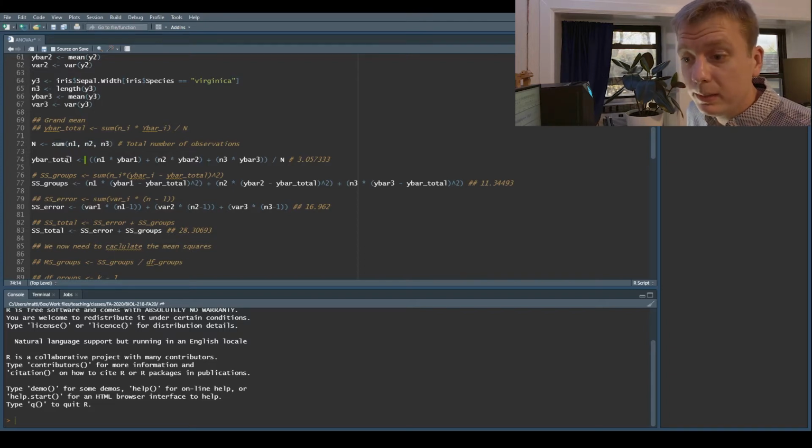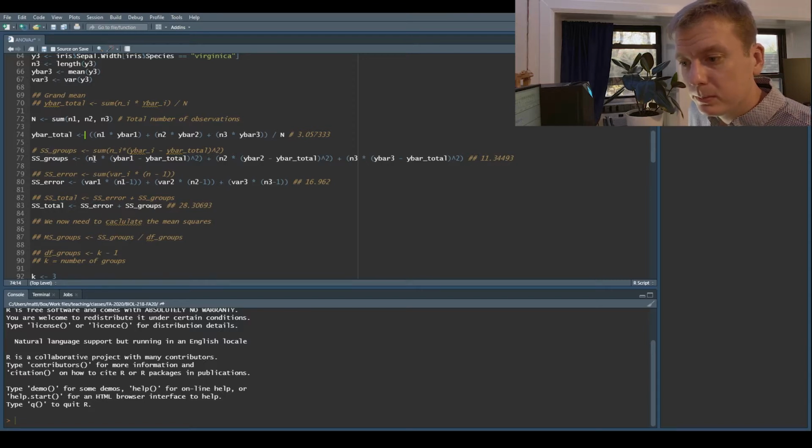And so y bar total, or the grand mean, is N1 times y bar 1 plus N2 times y bar 2 plus N3 times y bar 3 divided by N. And this gives us 3.057333, and that's our grand mean. We can now use that to figure out the sum of squares of the groups.